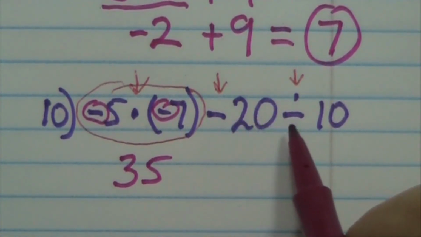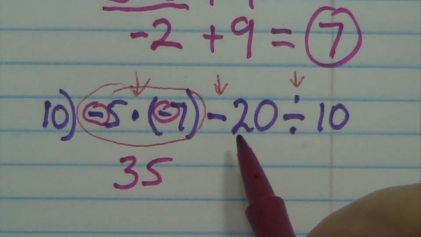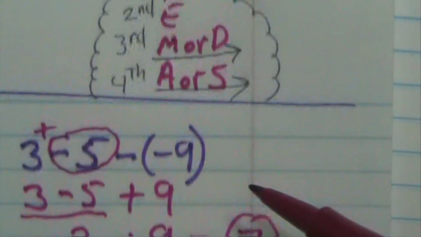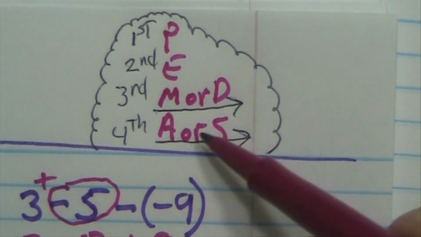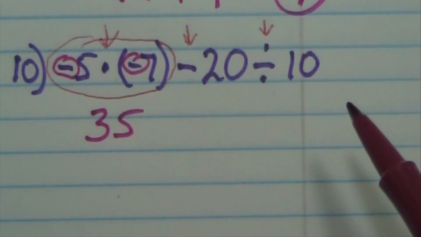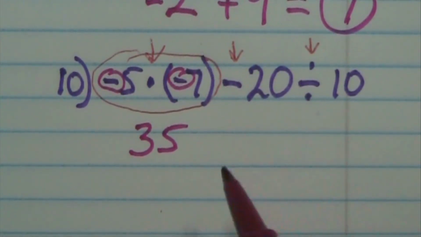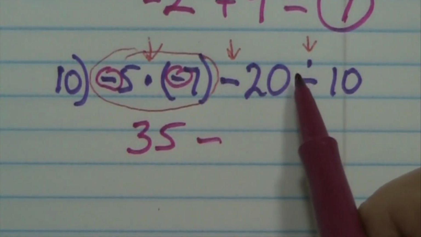Now I have a minus and a divide. Wait a minute, I have to do divide before I do any minus. How do I know that? Because of this. Remember, you do any division first before any subtraction. This is the order. That's why it's called order of operations. So we're not going to do any subtraction yet.